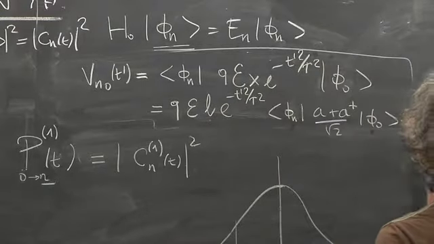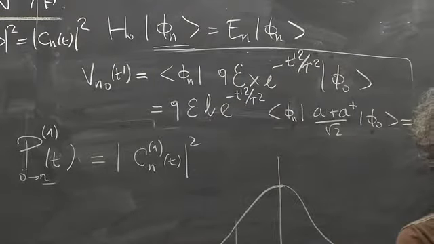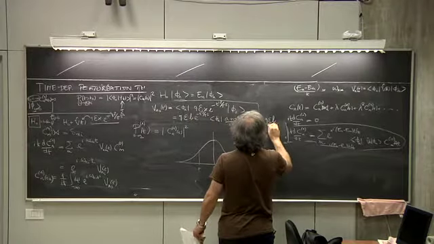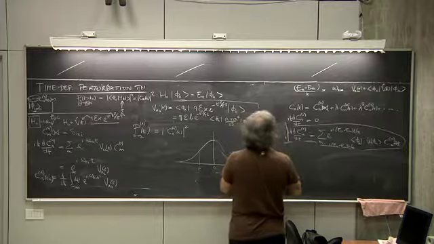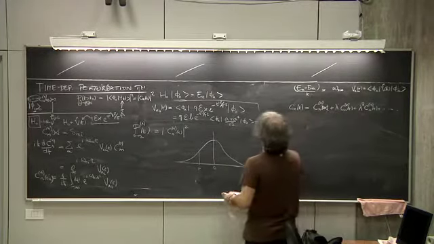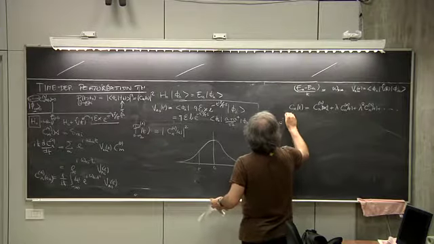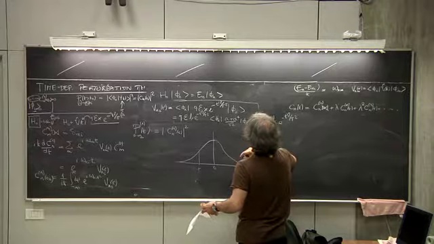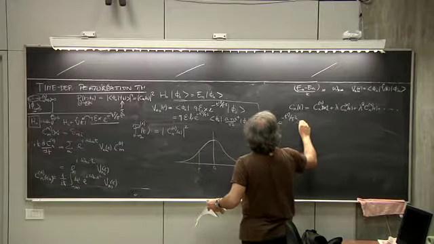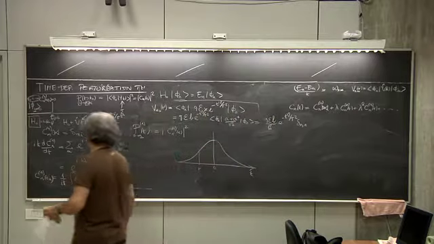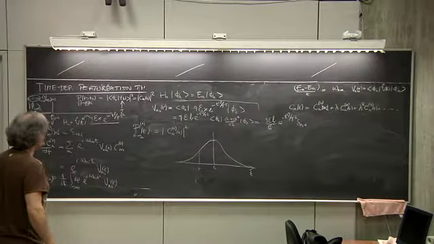All right? Okay, so to this order, I simply have q epsilon L, the harmonic oscillator length, divided by square root of 2. Then I have e to the minus t prime square over tau square, and then I have a delta of n,1. Okay? Good.